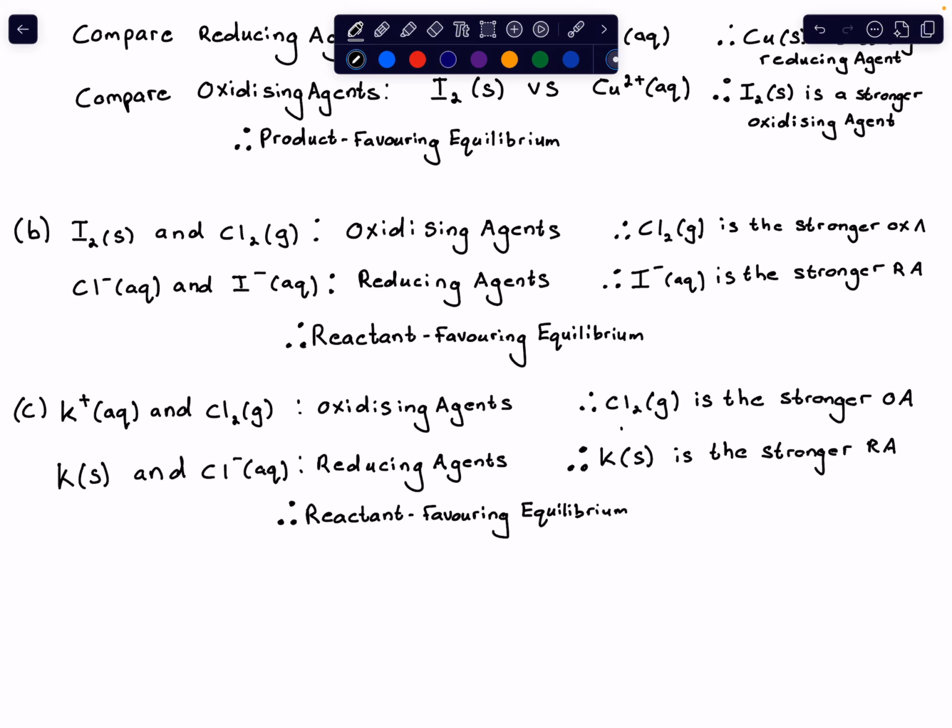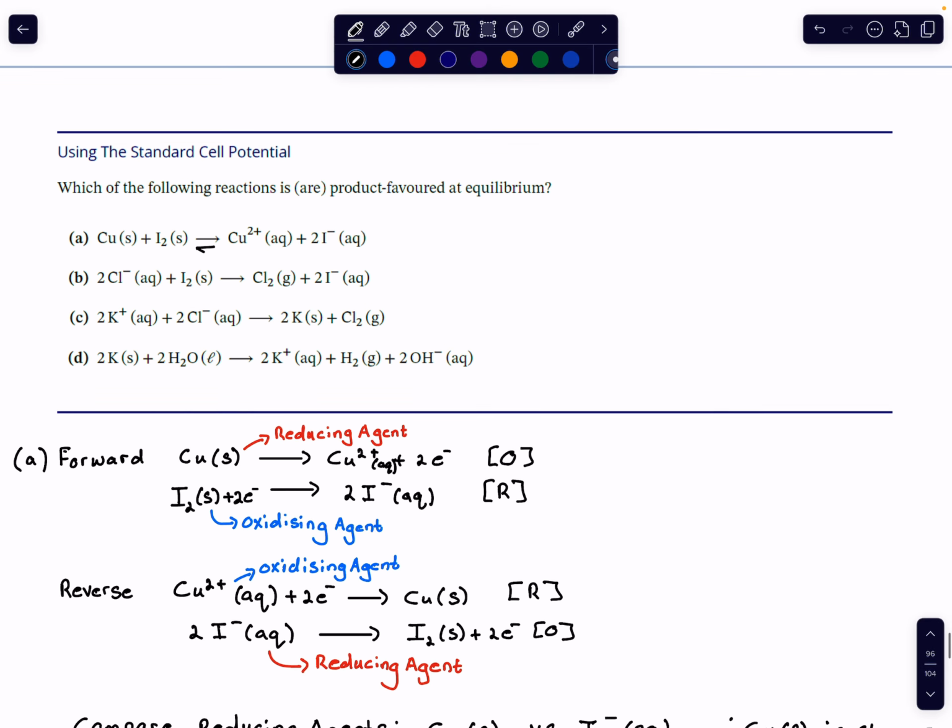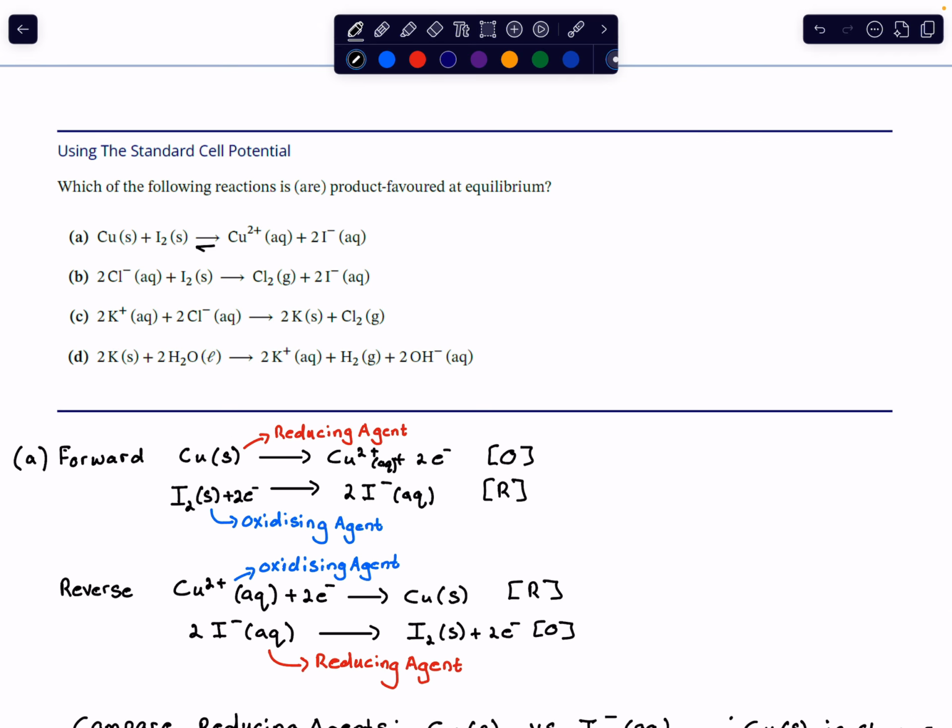All right. So let's look at our last example. It's a bit more difficult to see exactly what is going on, but let's look at the forward reaction first. We see potassium is being oxidized to K+, and then water is being reduced to hydrogen and OH minus.